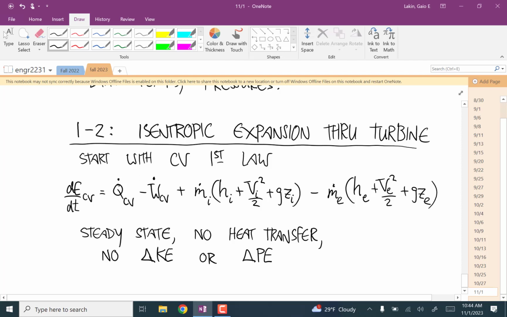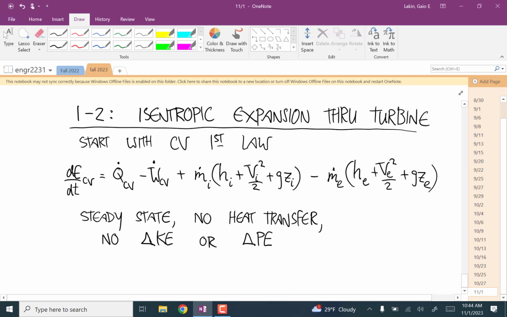There obviously is a change in speed, but it's not significant compared to the change in pressure. So that goes away. There's no heat transfer. The m dots are the same. Those four things cancel.